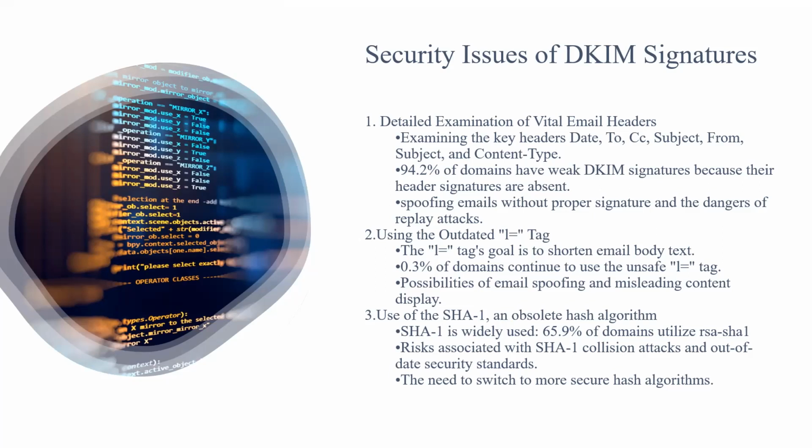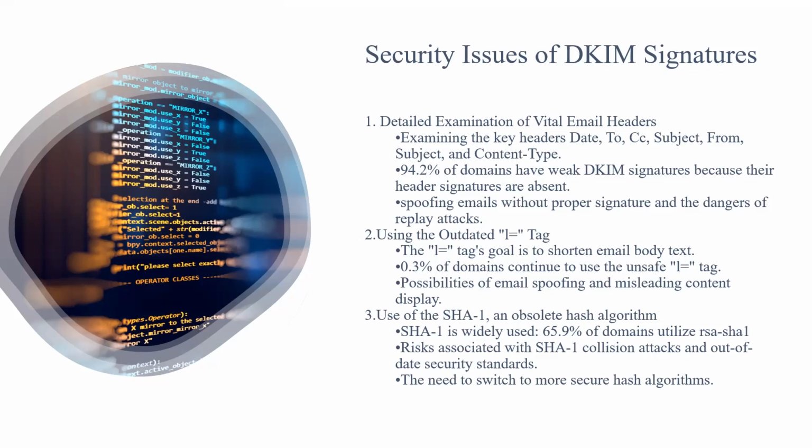One of them is detailed examination of vital, meaning important, email headers. That means examining the key headers like date, to, CC, subject, from, and content type. Around 94.2% of domains have weak signatures because their header signatures were absent. That means the data doesn't have any headers.